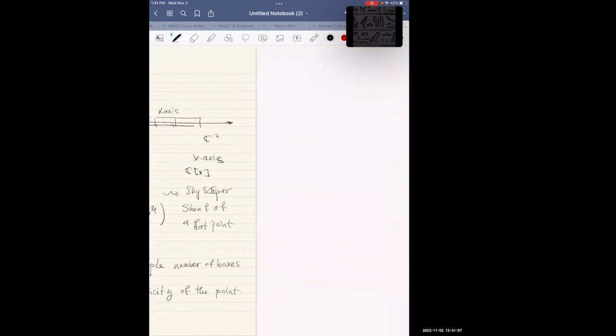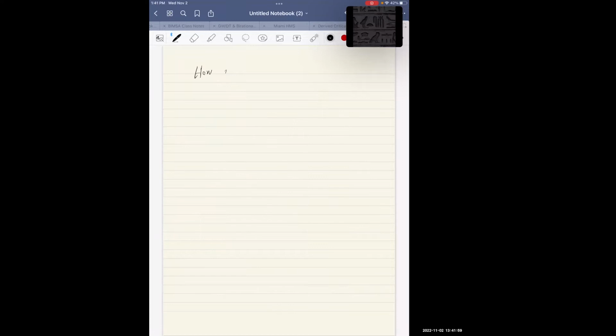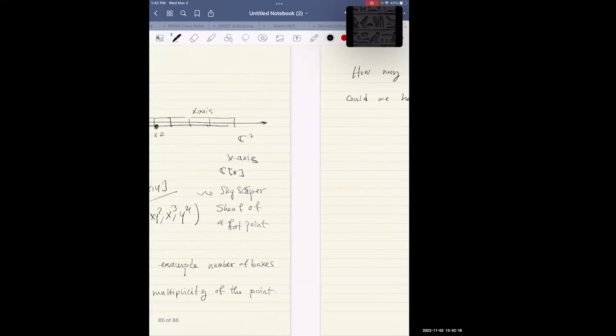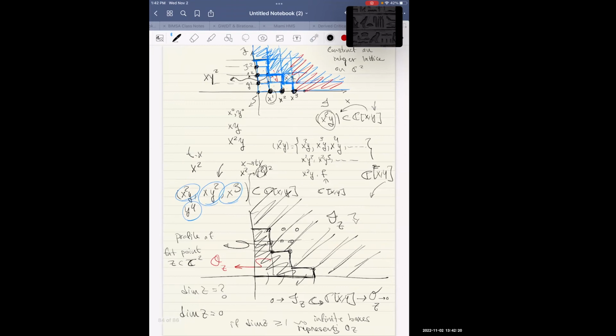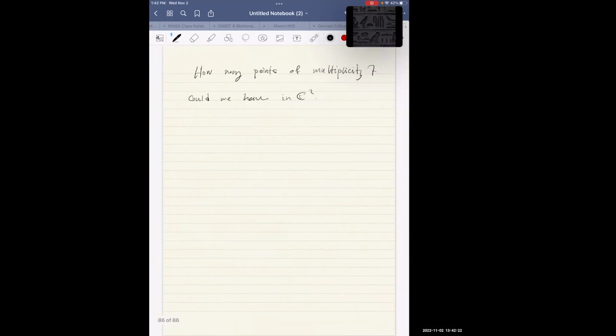So how many points of multiplicity 7 could we have, for instance, in C2? Well, essentially, that means that on this very corner of the x-axis, you need to tell me how many box configurations of length 7 you can have.